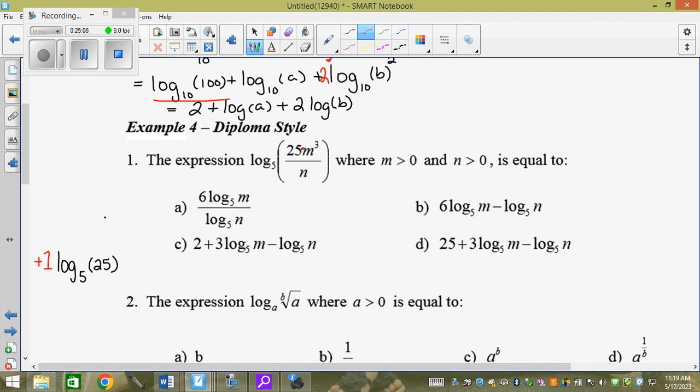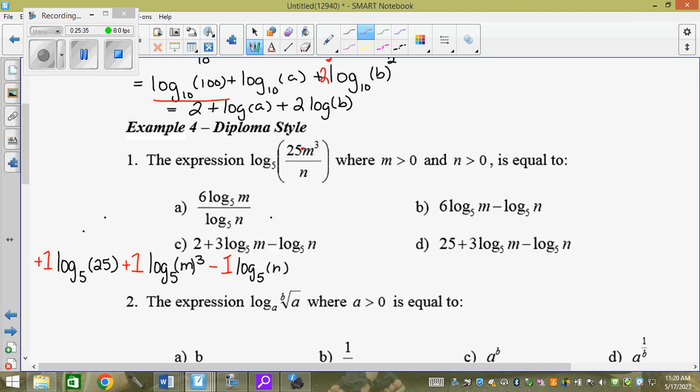And then I go plus 1 log base 5 of m cubed, and then I have minus 1 because of the n in the denominator, log base 5 of n.